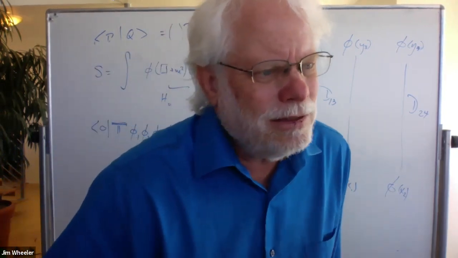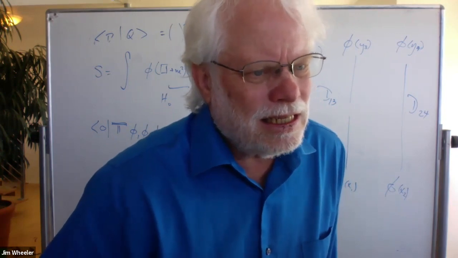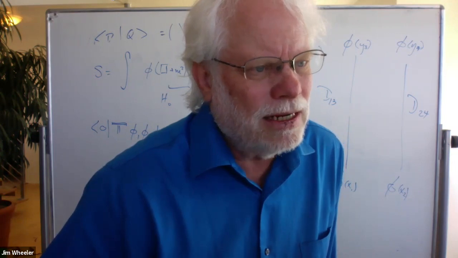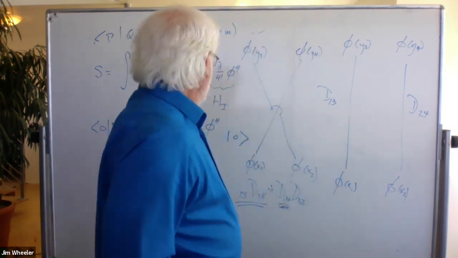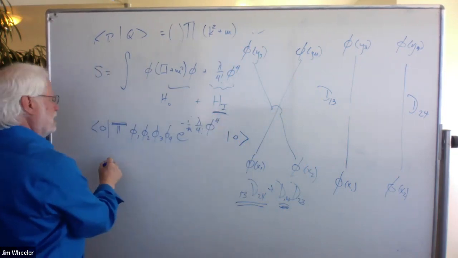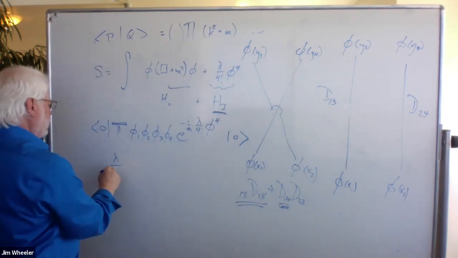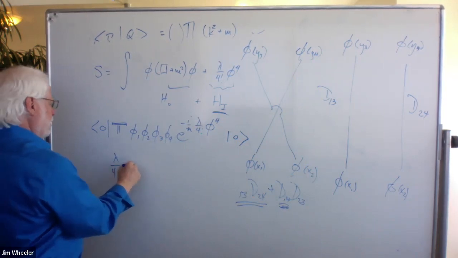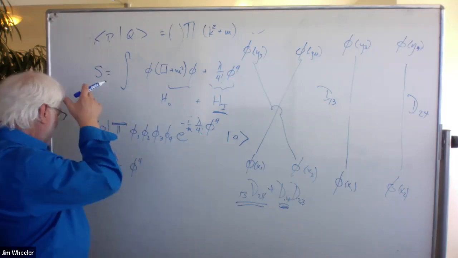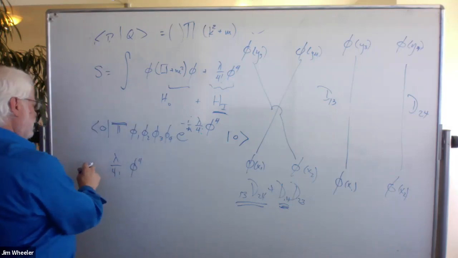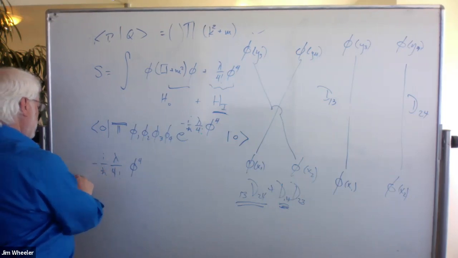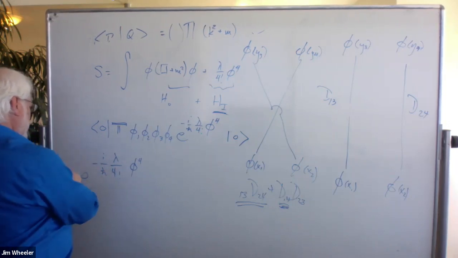Now, let's see, we worked through the interaction picture, right? The interaction picture also works for the interaction Hamiltonian. So if we have lambda over 4 factorial phi to the fourth, that's in the Hamiltonian, minus i over h bar in the exponential.